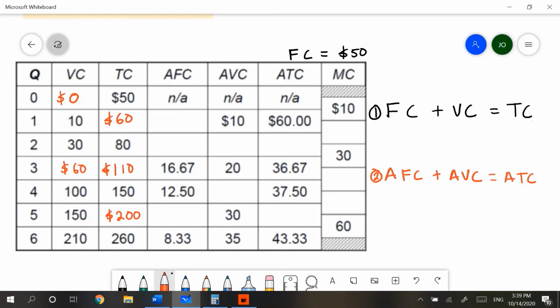We can use our second formula to solve for any spaces on AFC, AVC, and ATC. If I know that my ATC at quantity 1 is $60, then I can figure out that since AFC plus AVC equals ATC, AFC in this example will be $50.